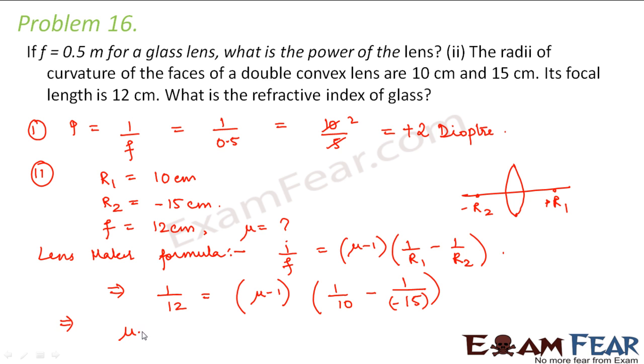Therefore, we get mu minus 1 into 1 by 10 plus 1 by 15 is equal to 1 by 12. From this we can calculate the value of mu, and this value comes out to be 3 by 2, which is equal to 1.5.